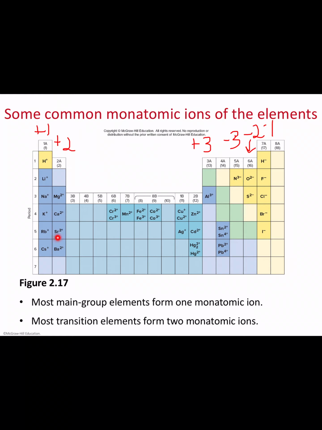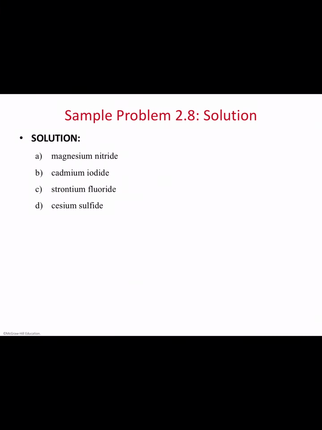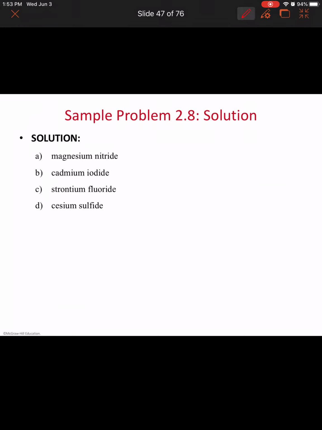Okay. And then for the strontium fluoride, you refer to your periodic table. You find out where the strontium is, right here in group 2, strontium +2, and then the fluoride is here, F-1.